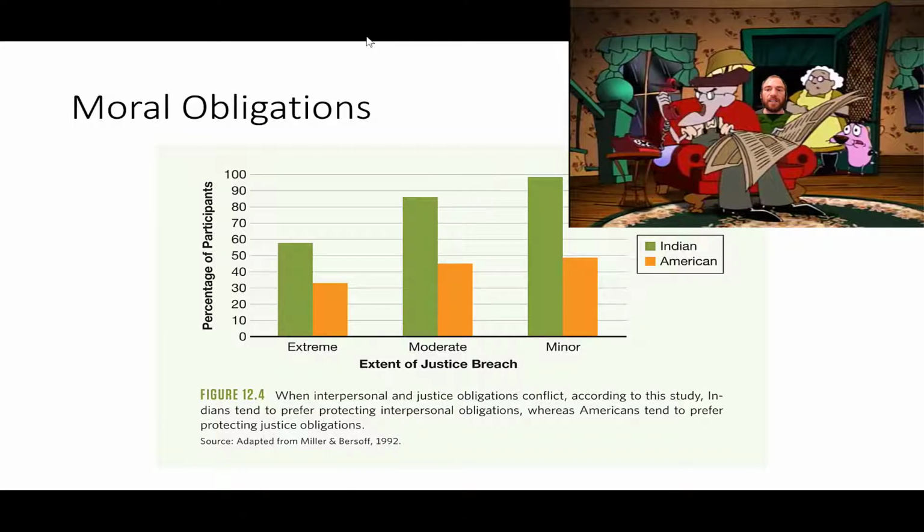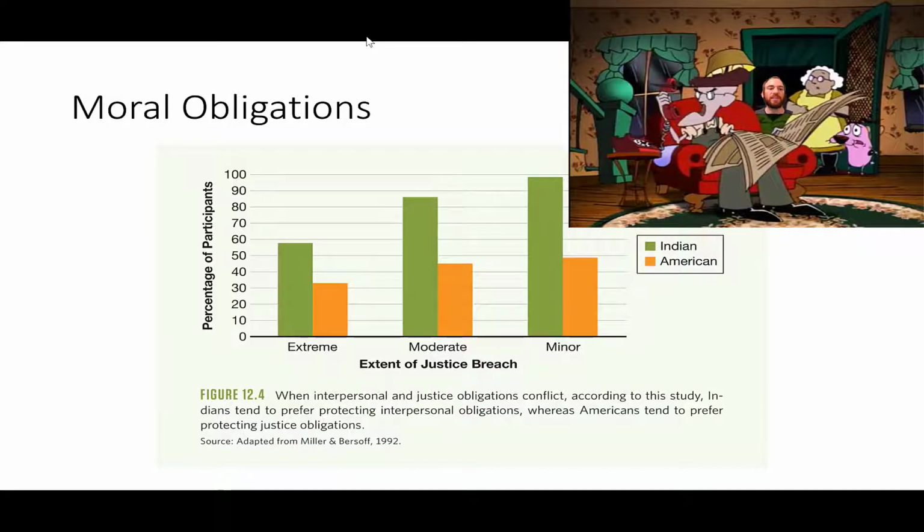Basically, they decided and considered that interpersonal obligations have a higher degree of moral obligation associated with them. So, in a choice between upholding a community obligation or an autonomy or justice obligation, and they're conflicting in this experiment, so you have to choose one or the other, on average, Indians will choose and thus value interpersonal obligations as a higher level of moral obligation.